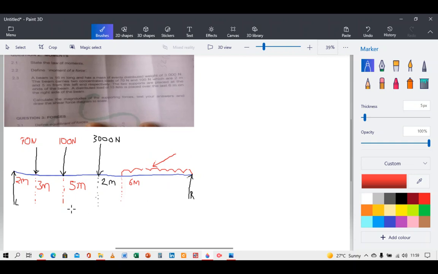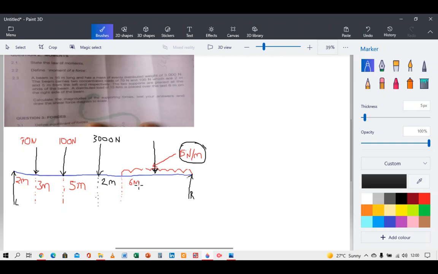They said it's a distributed load of 15 Newton per meter, right? And let us convert this distributed load into a concentrated load.